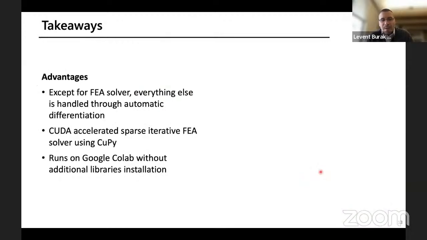So the major takeaways from this work is, except for the FEA solver, for which we have an analytical gradient from the compliance into the densities, everything is handled through automatic differentiation. So this makes it very modular, very easy to expand and add new constraints and objectives in the upcoming months and years.